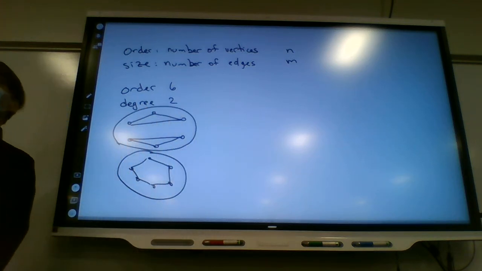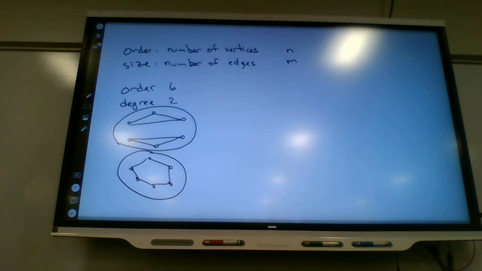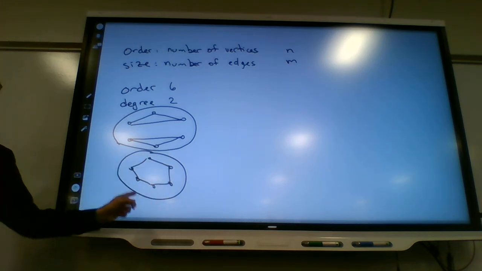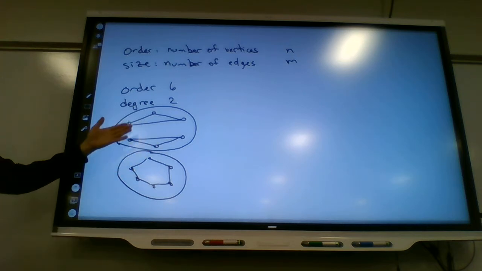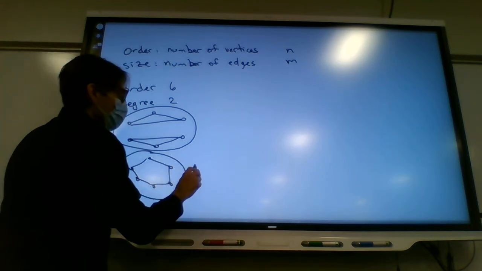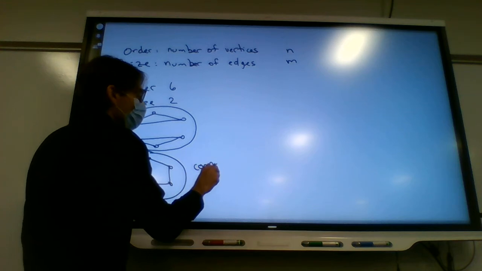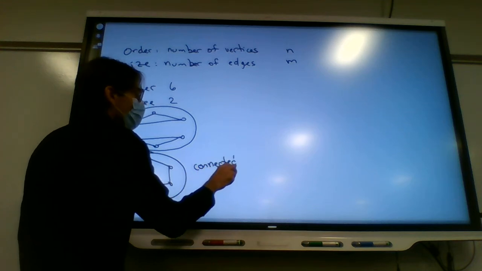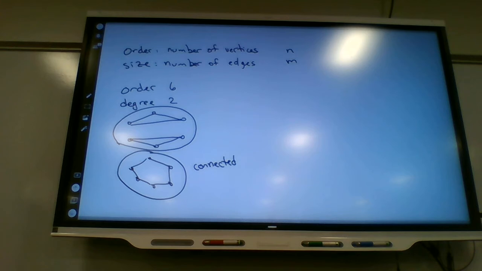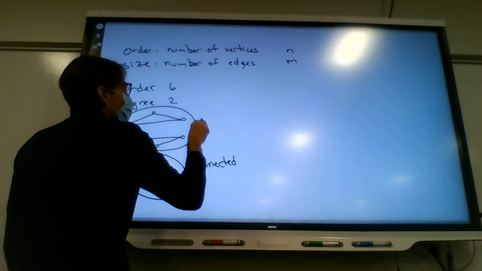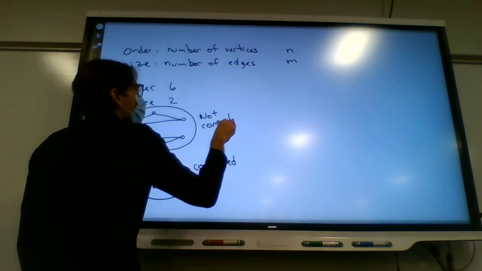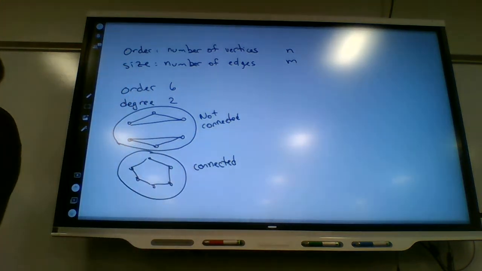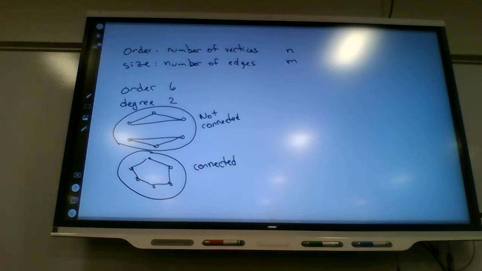They're not the same. Right? Because from here you can get to everything else. From here you cannot. And so this idea, and we'll be more precise later, is that this graph is connected, and this graph is not connected. And so that means that they are fundamentally different in some way.